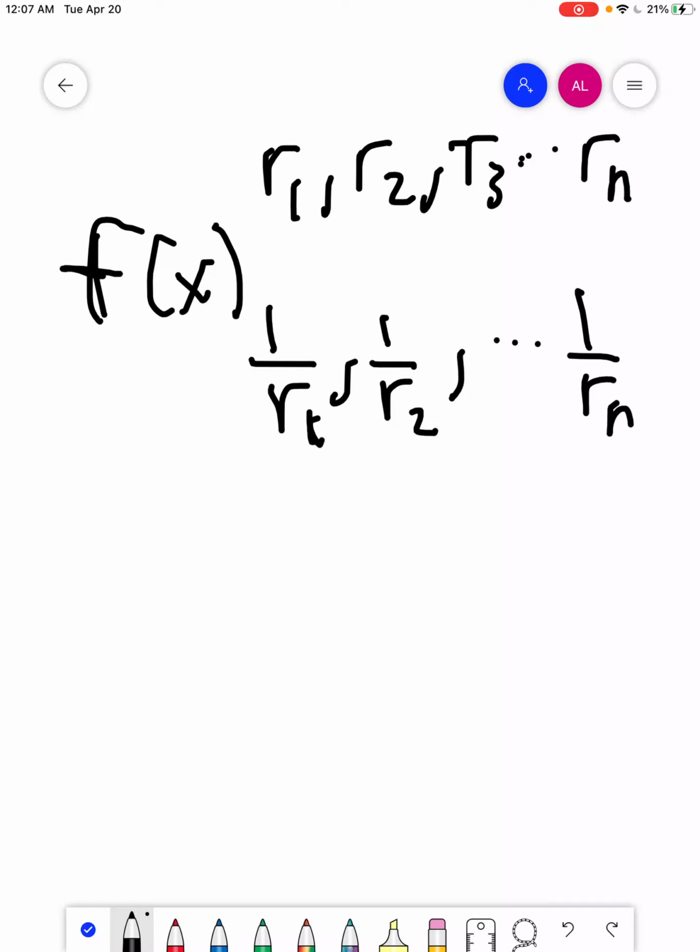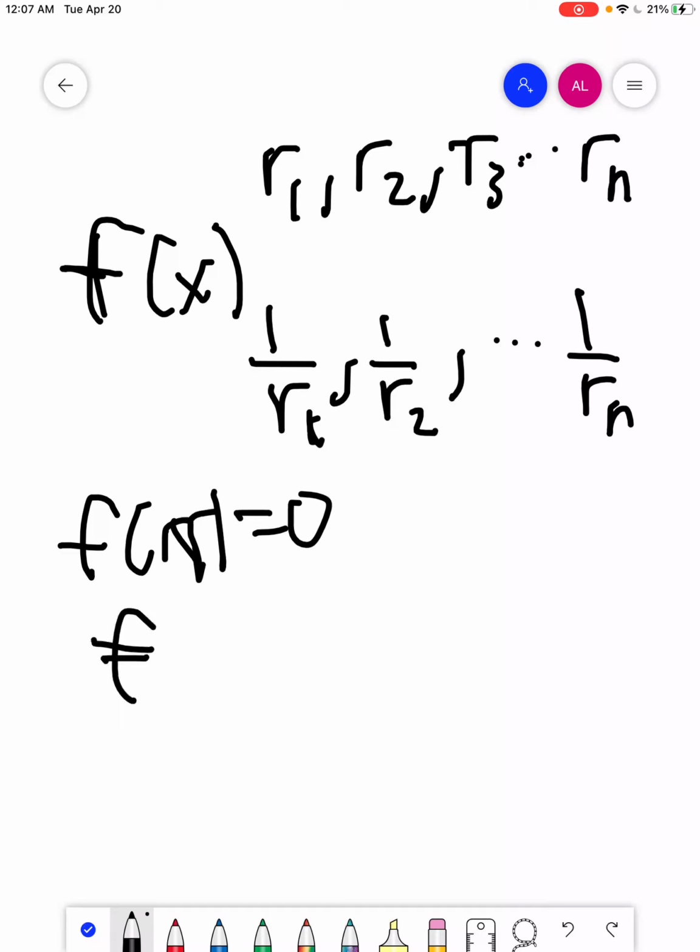The next transformation we'll work on is finding a function which has a factor multiplied by the roots, and a sum added to the roots for the last one. Since f of r1 is equal to 0, f of r is equal to 0, we want a function where f of 1 over r is equal to 0.